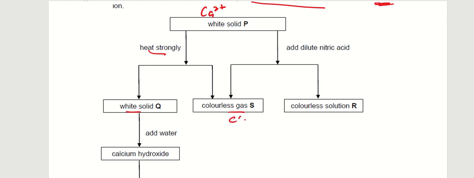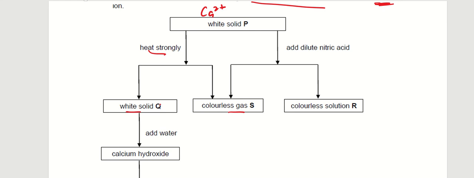We may even get things like nitrogen dioxide, but that's reddish brown, so that's not possible. We could possibly get oxygen as well, but let's see whether we can figure out the nature of this gas. Since we're not so sure, let us just erase all this first and not confuse ourselves. Now we heat strongly, we get a white solid and a colorless gas.